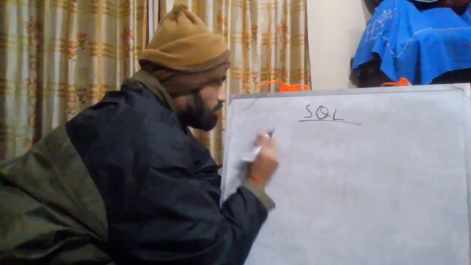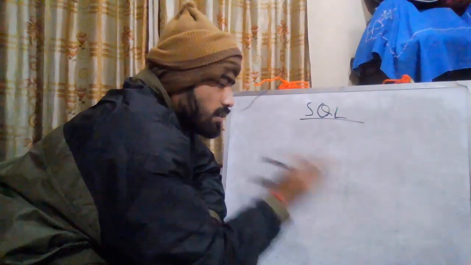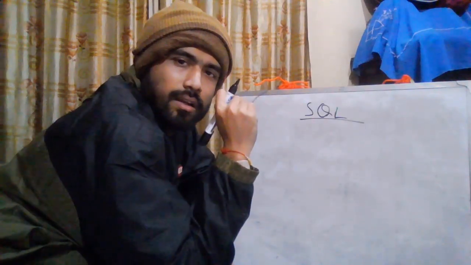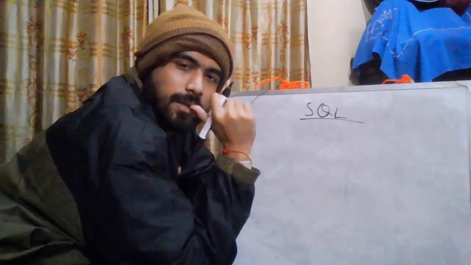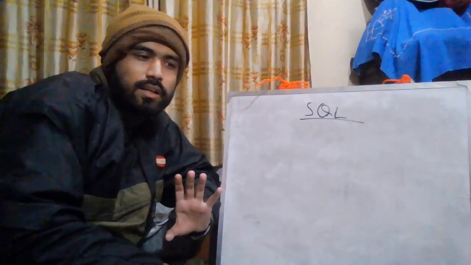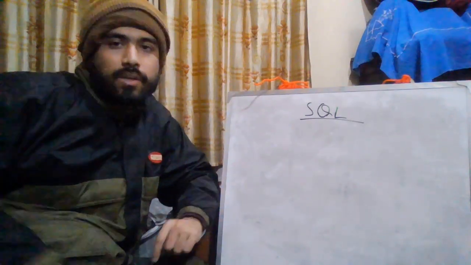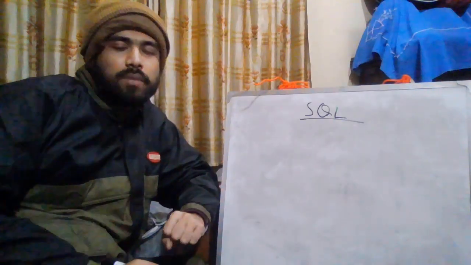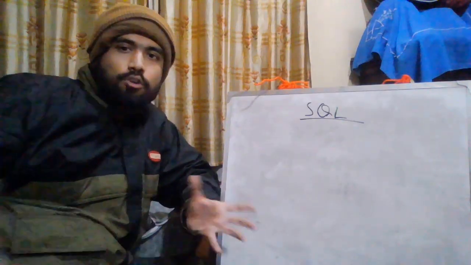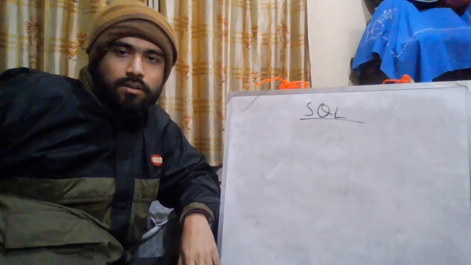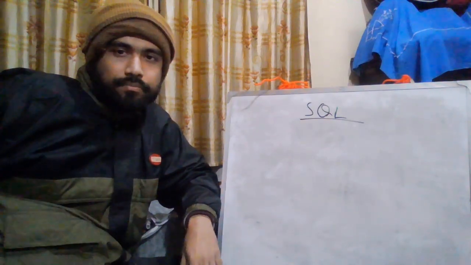Now, but in a table, there should be a limitation, isn't it? Number cannot be limitless. You are storing data, your storage is limited. Your storage is itself limited. So you cannot store unlimited data or unlimited numbers.